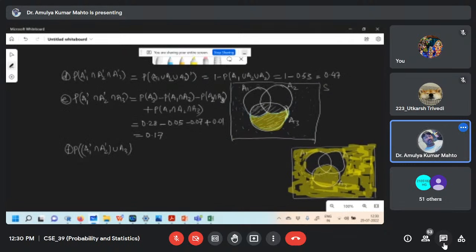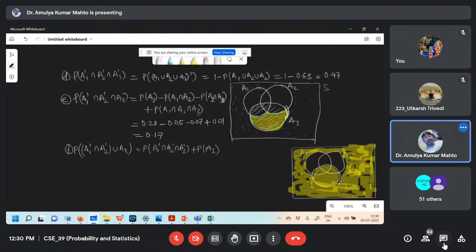So this will be the whole outer part except these 3 circles. The region covered by these 3 circles except those parts, the entire outer part will be like probability of A1 dash intersection A2 dash intersection A3 dash, outer part is covered, and this inner part is just A3. So plus probability of A3.